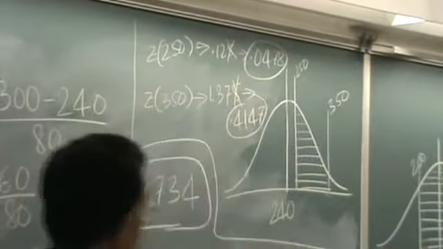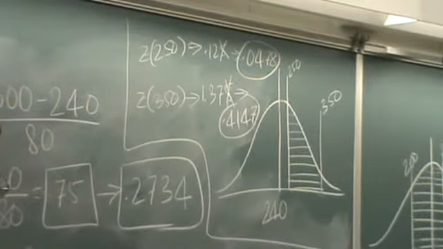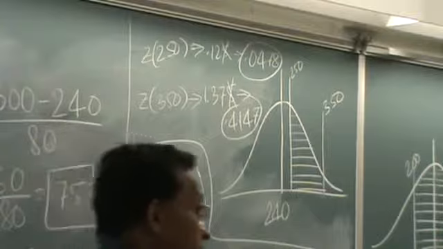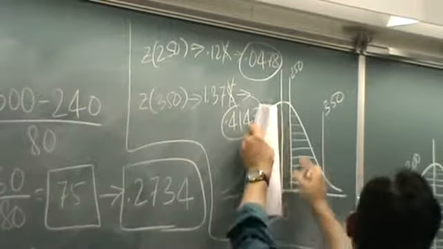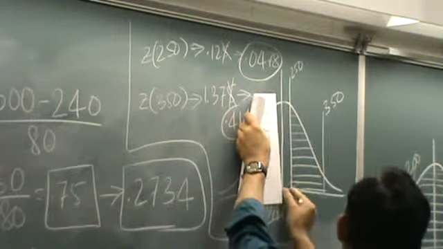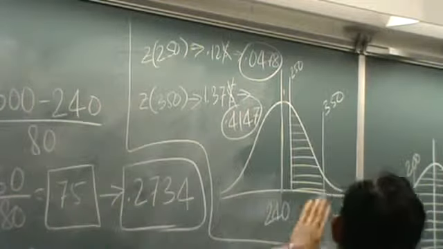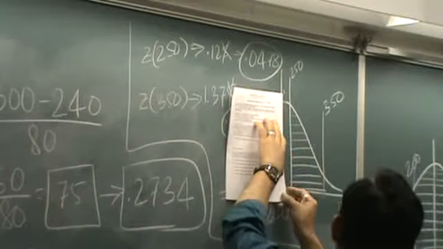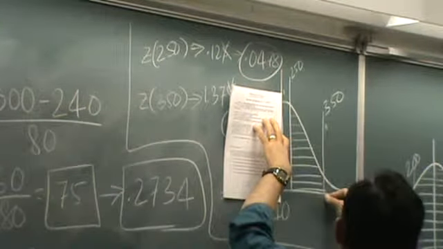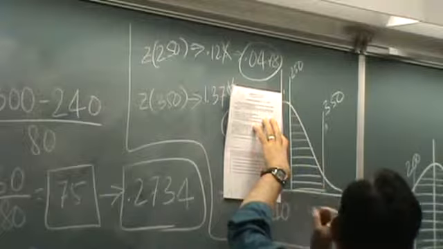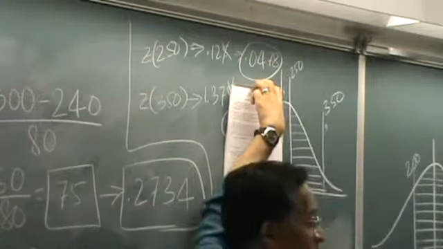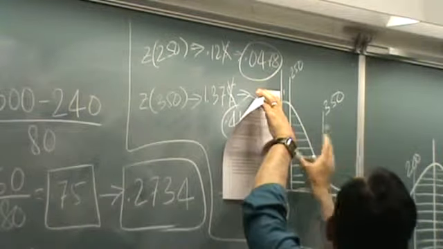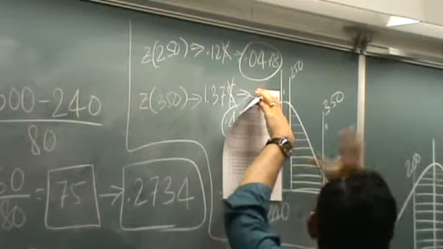Now look at this diagram. The first area, from the z-score of 250, gives you the area from the mean to this place. The second z-score, for 350, gives you the area from the mean to this point here, the whole thing. Again, simple logic. This one is giving you the total area, but we don't need the total area.